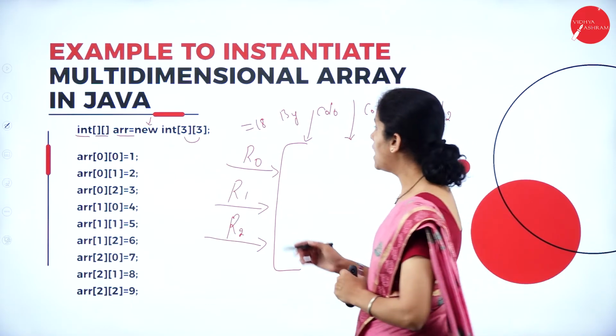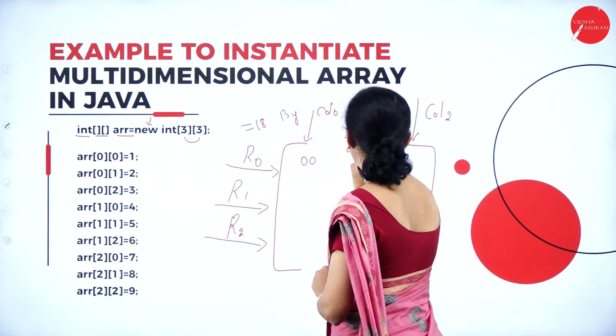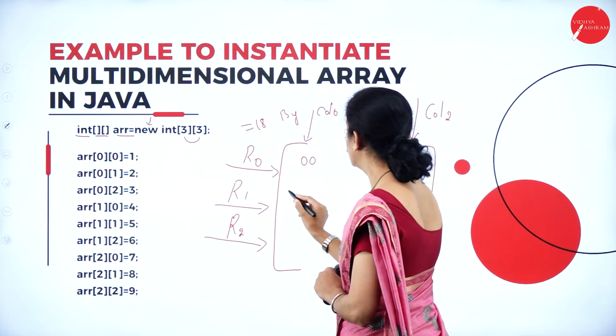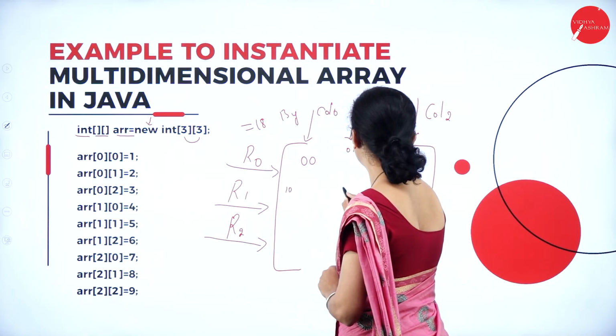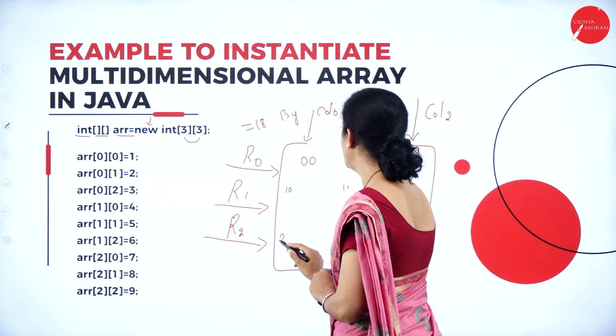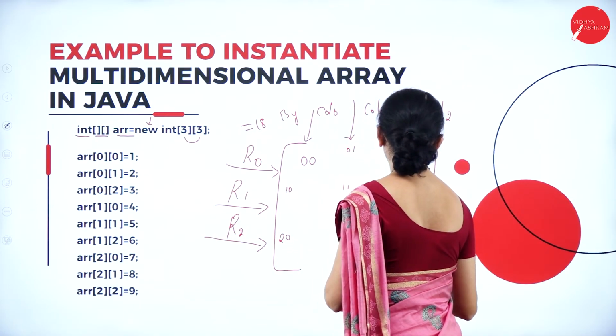Fine. Now, 0, 0, 0, 1, this one is 0, 2. Now, this is 1, 0, 1, 1, 1, 2. This one is 2, 0, 2, 1, and 2, 2.